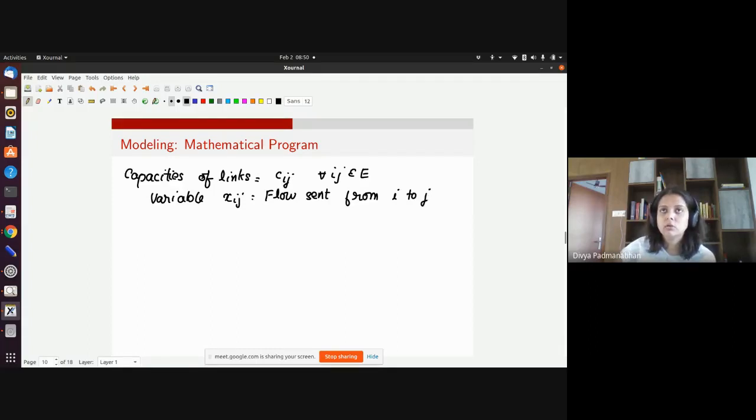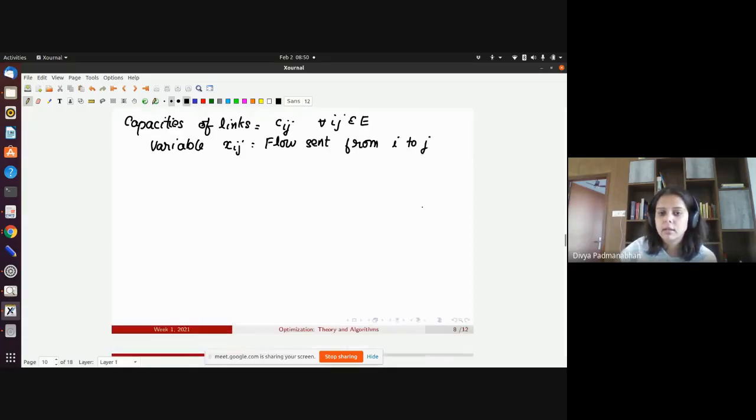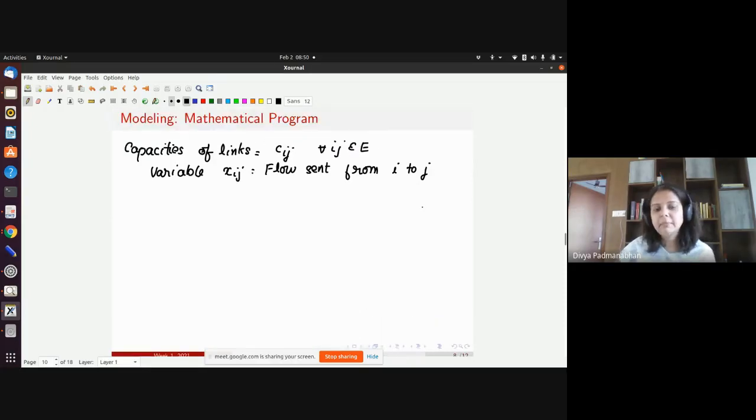Now, can you tell me what were the constraints that you had? The problem had some things, right? That you want to be well within the capacities, and you don't want anything to be left over at each of the nodes. Can you express it in terms of these x's and c's?